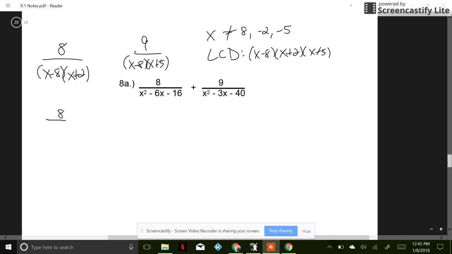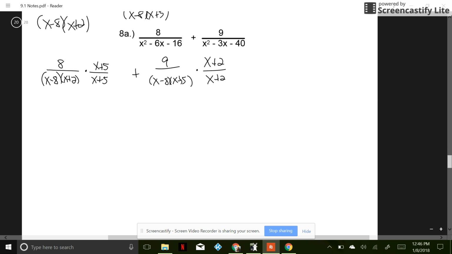So when we have the 8 over the x minus 8, x plus 2, we're missing the x plus 5 piece. So we'll have to multiply by x plus 5 over x plus 5. And then with our 9 over x minus 8, x plus 5, that's missing the x plus 2. So we'll have to multiply that times x plus 2 over x plus 2. So when we do that multiplication, we have to distribute the negative. So we'll have 8x plus 40.